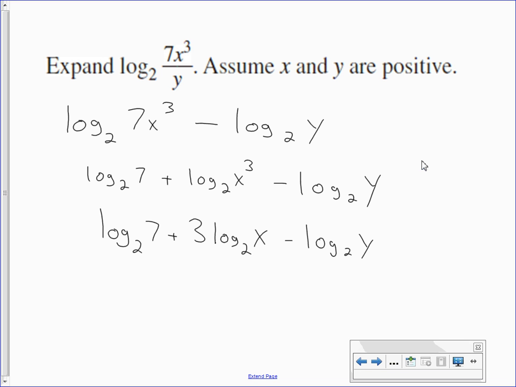Now, a lot of times you guys are going to go, why do I need to even worry about doing all this? Well, back when this book was written, a lot of the calculators didn't have the change of base already built into them. Now, all of your calculators, you can press a couple of buttons and change your logarithmic bases from the standard base 10 to base 2, base 3, whatever you want it to be.